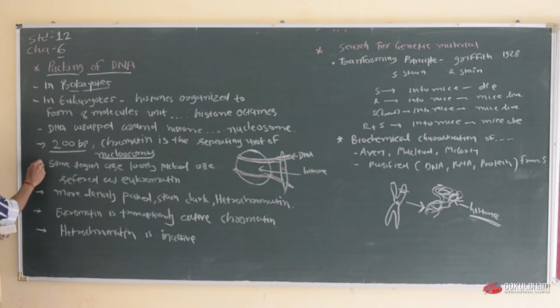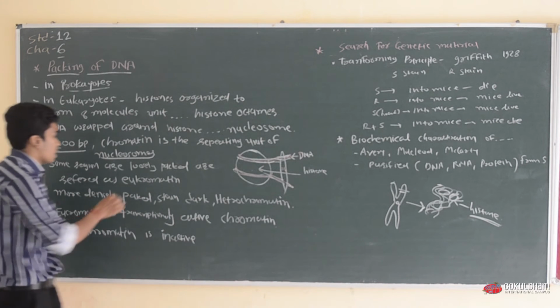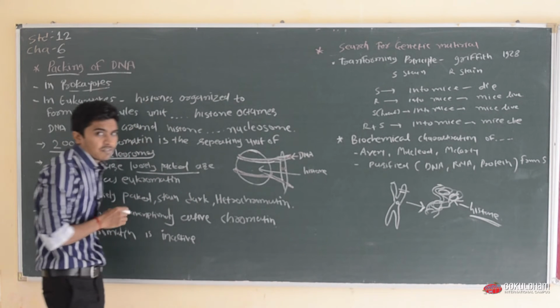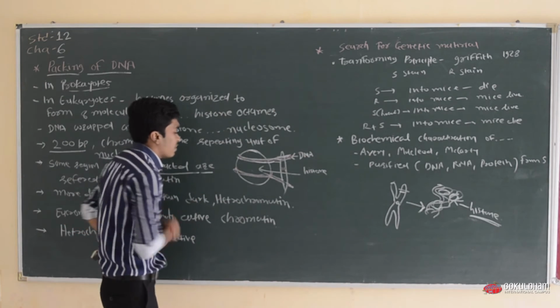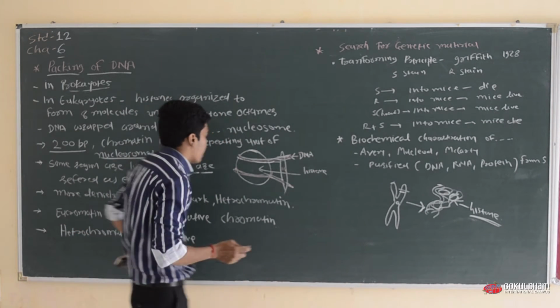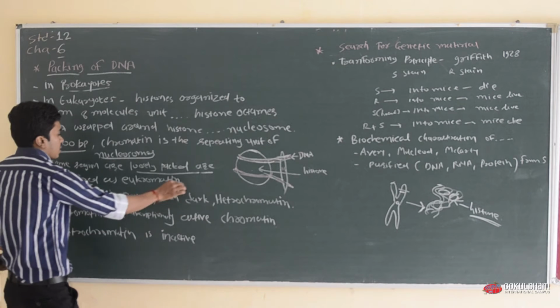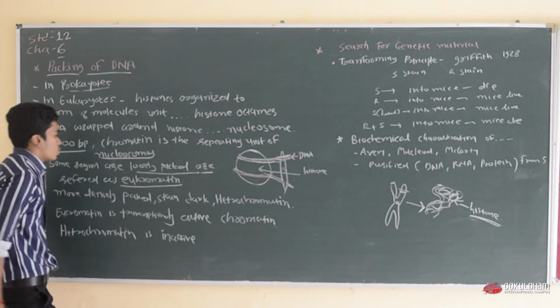Now in chromatin there are 2 regions. The first one is the loosely packed region, which, when we stain that particular region, looks lightly stained, and this region is known as euchromatin.